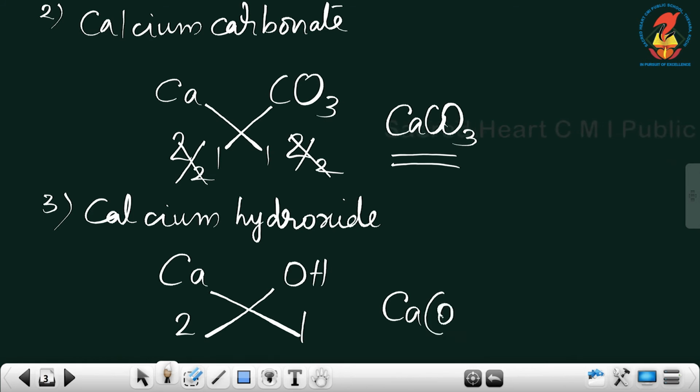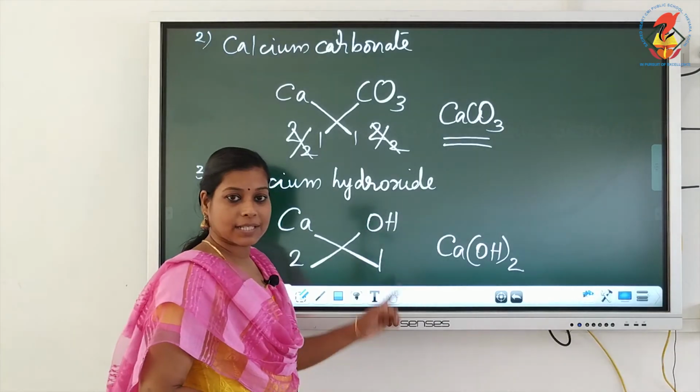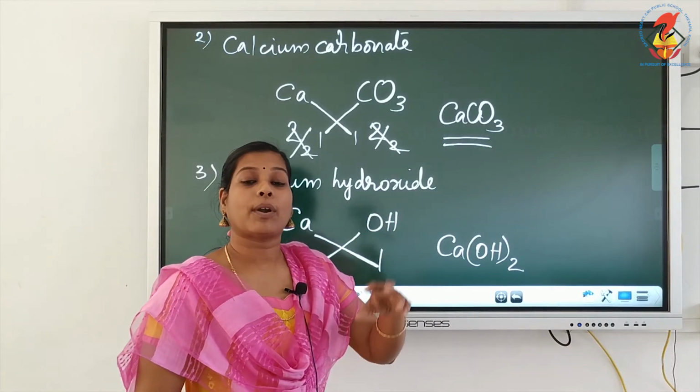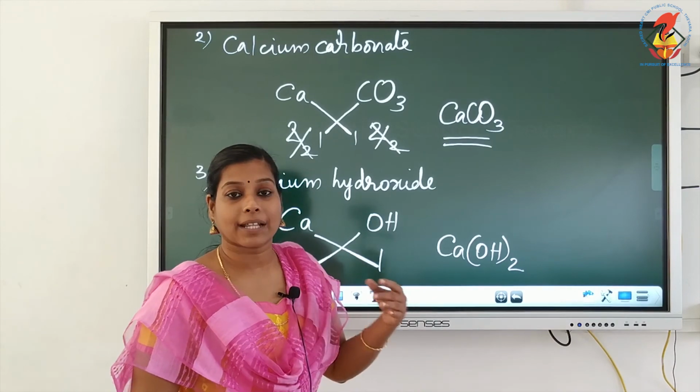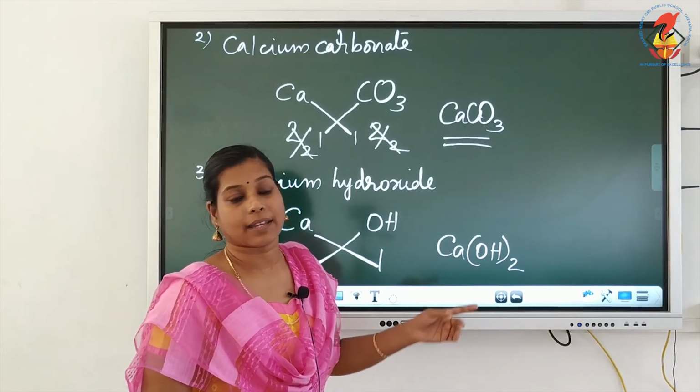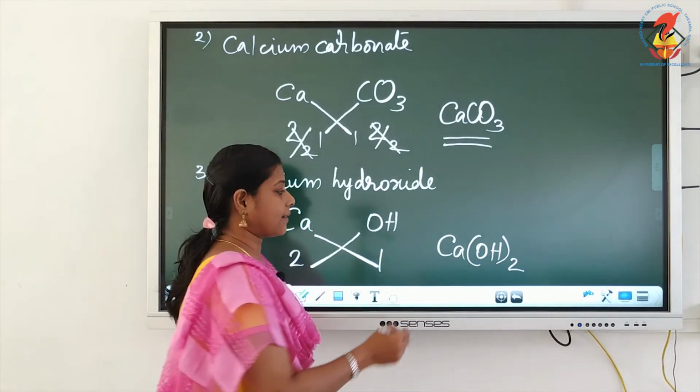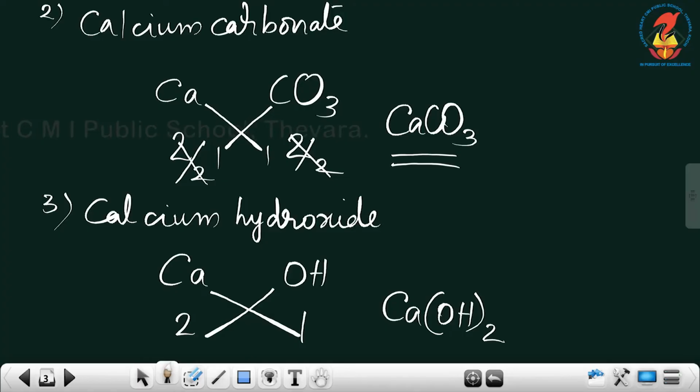But OH 2 is there. So that O and H should be written in a bracket. That is what we are telling. Polyatomic ions, or radicals, should be written inside the bracket and the valencies outside. So Ca(OH) twice. We will call it OH twice. If it is 3, thrice. Like so we will be telling. Okay. Now you understood? Okay.